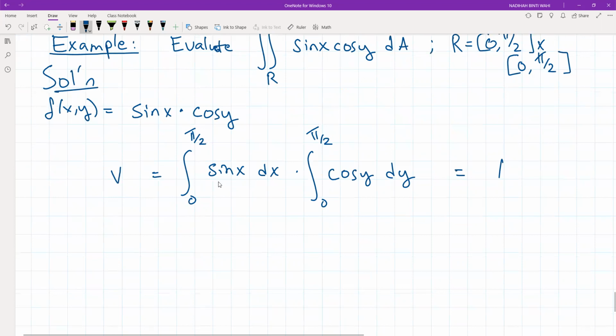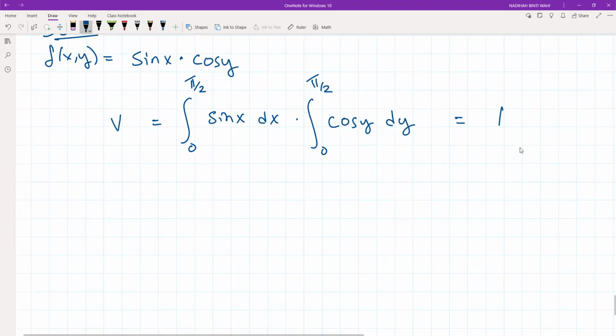Ini pun dia punya integration untuk sin x apa dia? Minus cosine, right? Minus cosine. Dia dapat 1. Yang ni integration for cosine is just sine. So you get 1. 1 times 1 is just 1. Okay. Let's see another example. Let's see this one.